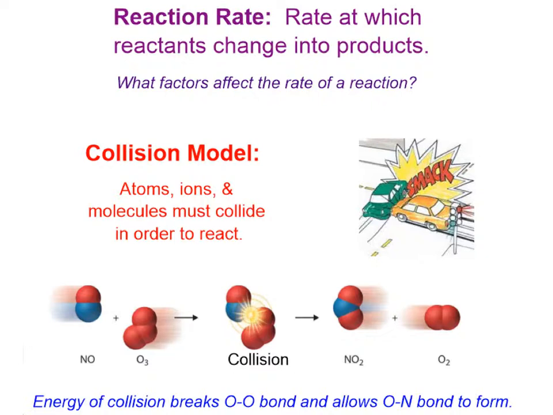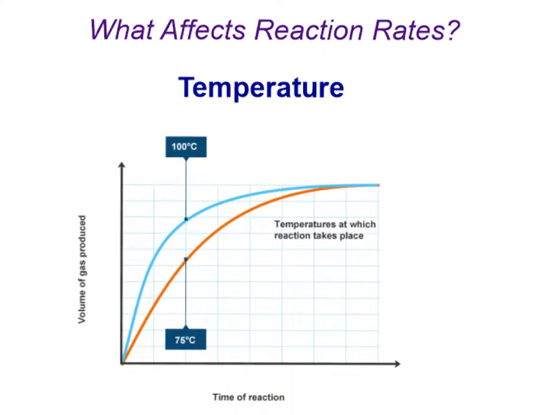That energy in the collision itself is what breaks the oxygen-oxygen bonds in the ozone, and it allows a new oxygen-nitrogen bond to form, to make this nitrogen dioxide, and diatomic oxygen is left over.